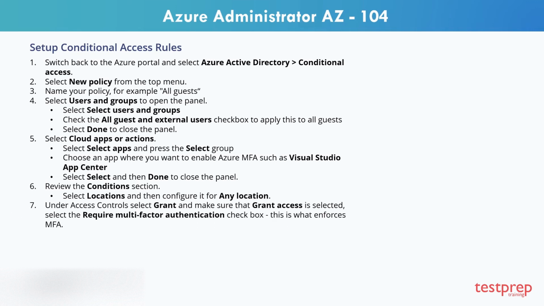Under Access Controls, select Grant and make sure that Grant Access is selected. Select the Require Multi-Factor Authentication checkbox, this is what enforces MFA. 8. Select to close the window. 9. Set Enable Policy to On. 10. Select Create to create the policy.